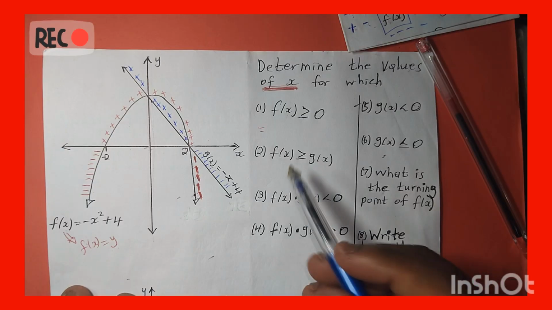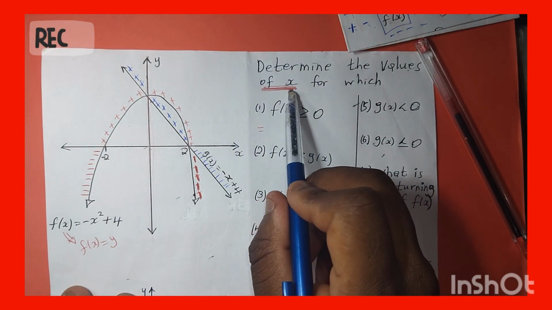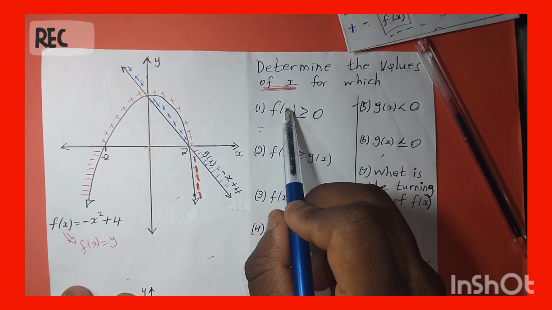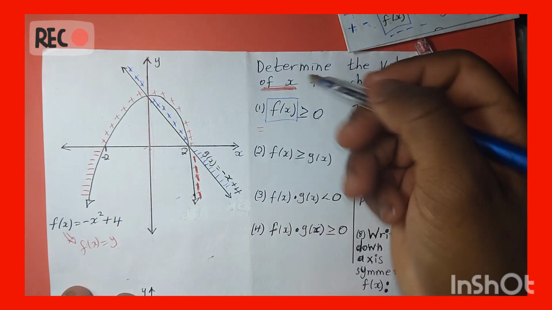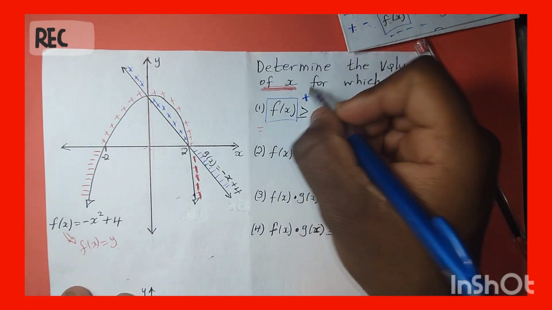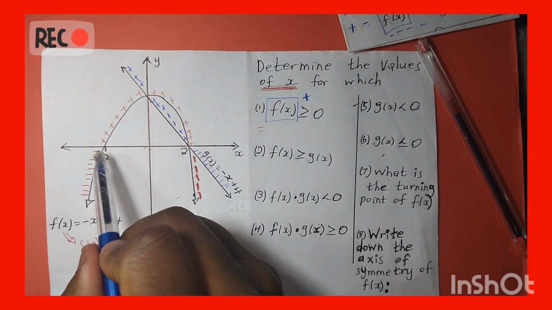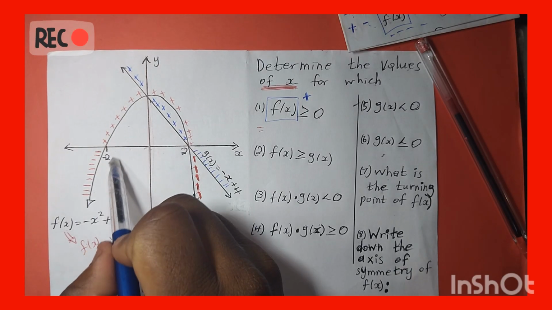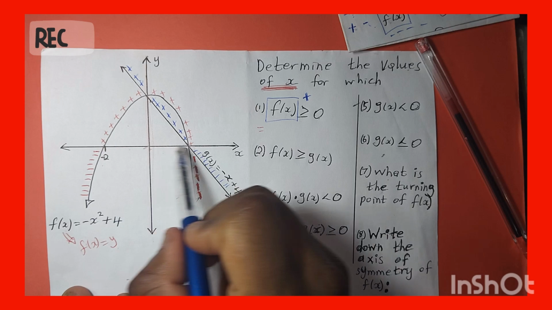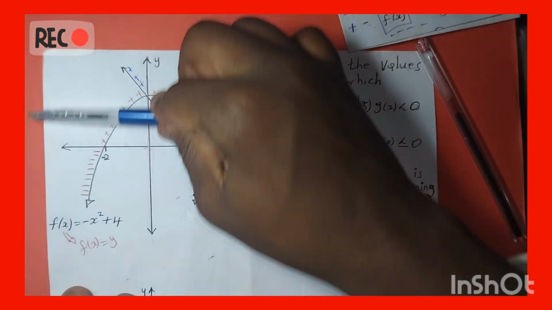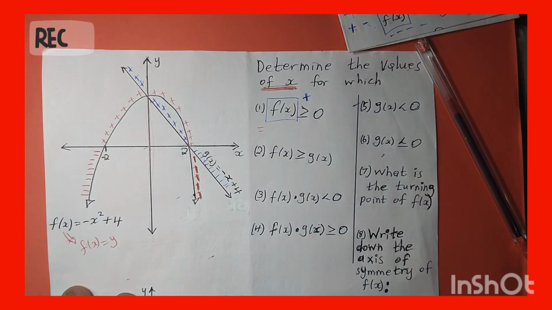So now the question asks you, for which values of x will this graph be greater than 0? Meaning this graph must be positive because it is greater than 0. If you notice, between -2 and 2 that graph will be positive. All these values between here and there, that graph is positive.